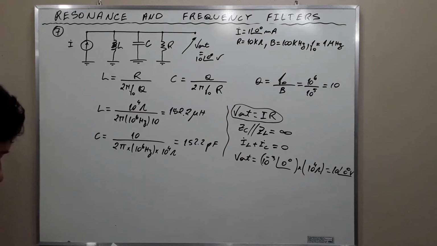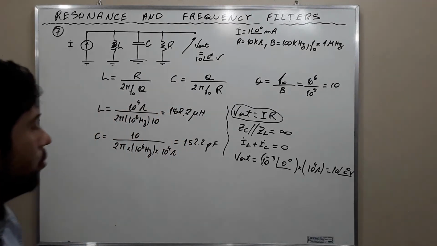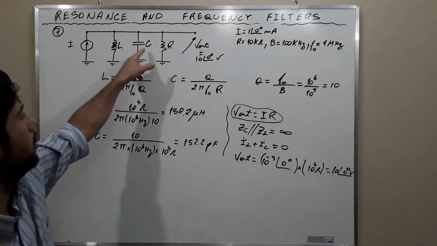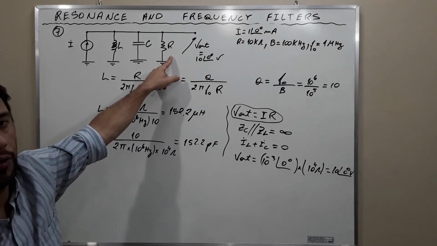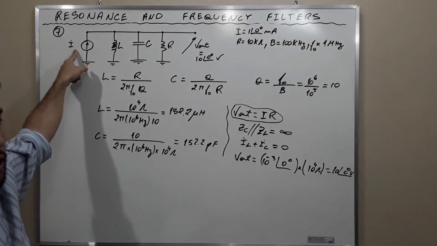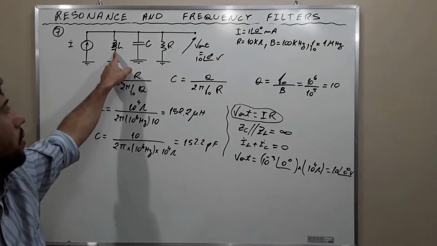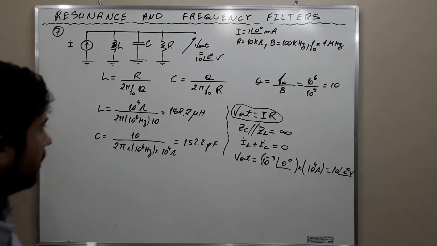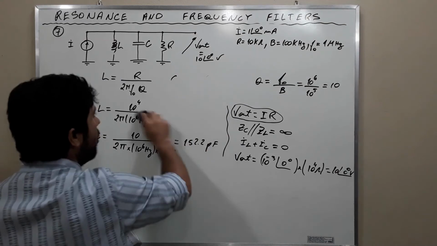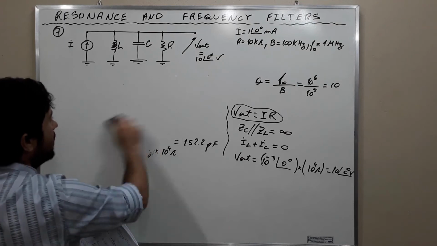To finish, let's calculate the currents. The exercise wants us to calculate the currents here, here, and here. We already know that the current through the resistor is the current of the source, 1 milliamps, because the inductor is in resonance with the capacitor, okay? Let's do the math.